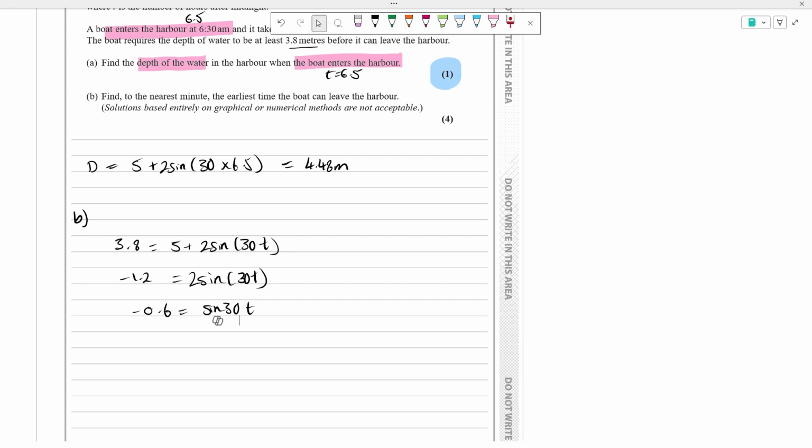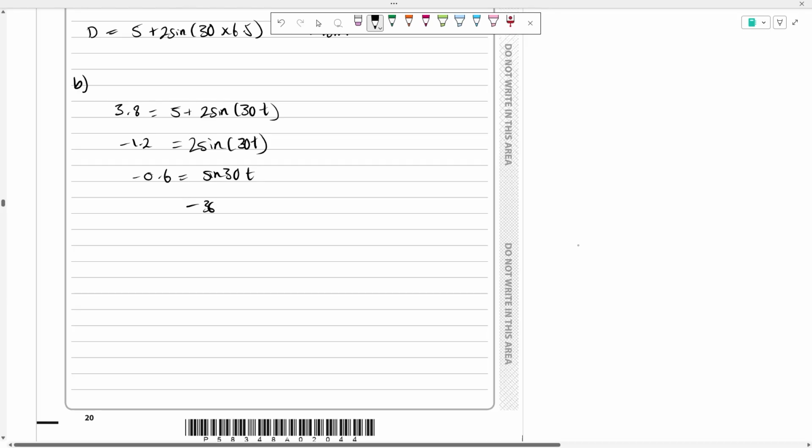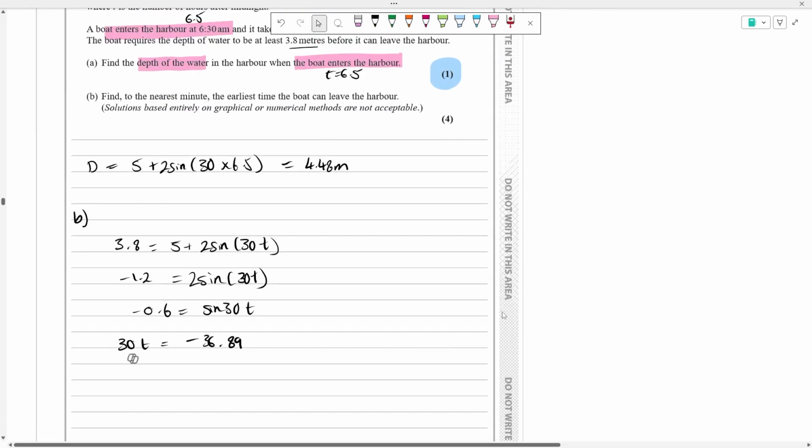If we put this in a calculator, sine minus 1 of minus 0.6 gives you minus 36.89. That's one of our values. 30t is equal to this. But we also have to remember that our argument here is within 30t.